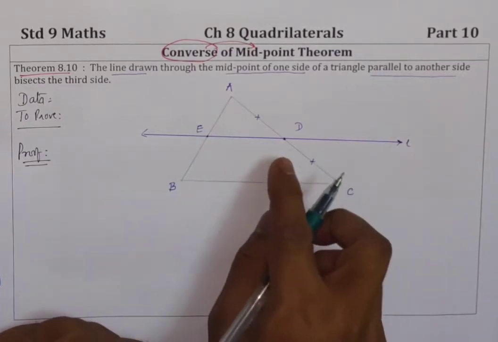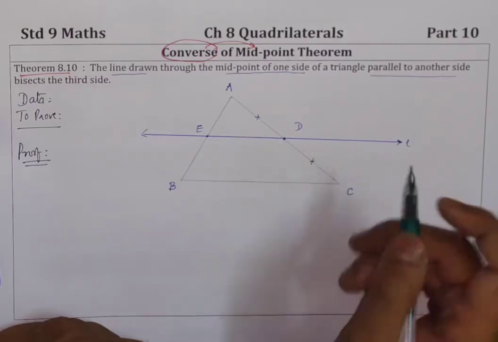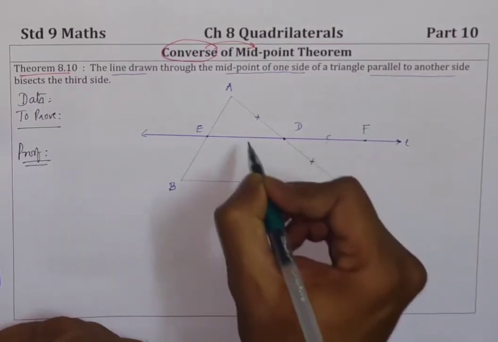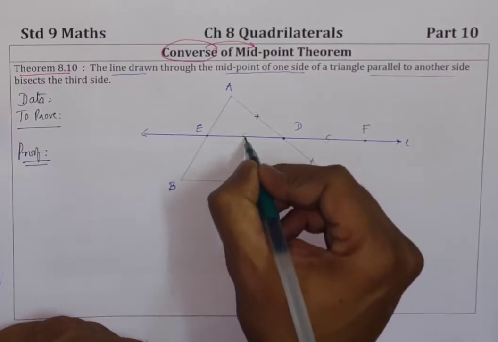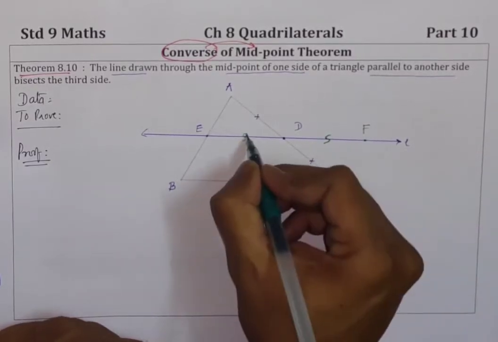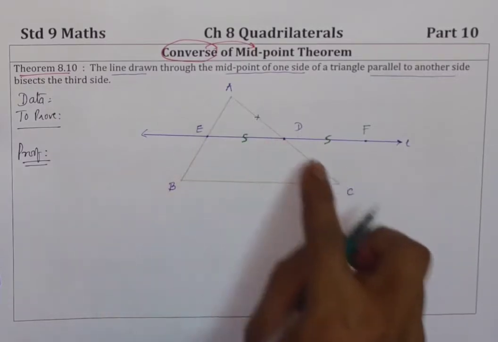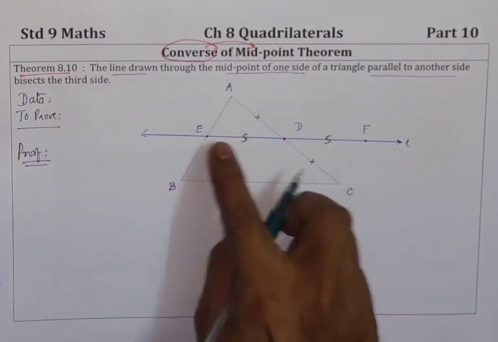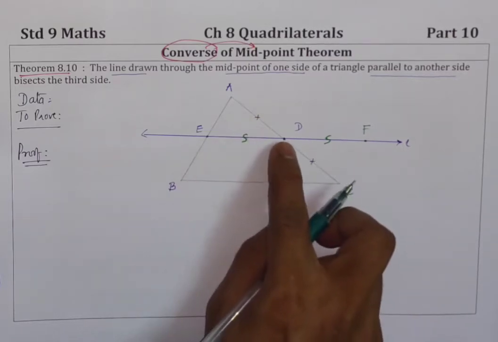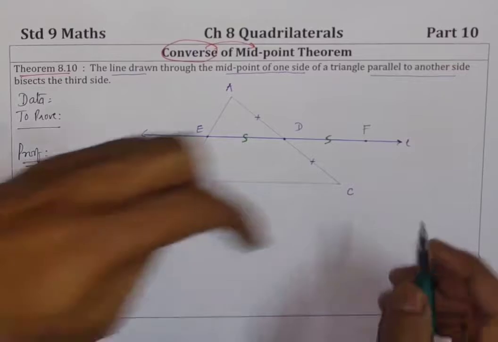Now, you are supposed to prove that E is the midpoint. Once again, we use the same concept. Children, let us produce ED to F such that DF equal to ED. So what happened here? AC and EF bisect each other, because D is the midpoint of EF and D is already the midpoint of AC.